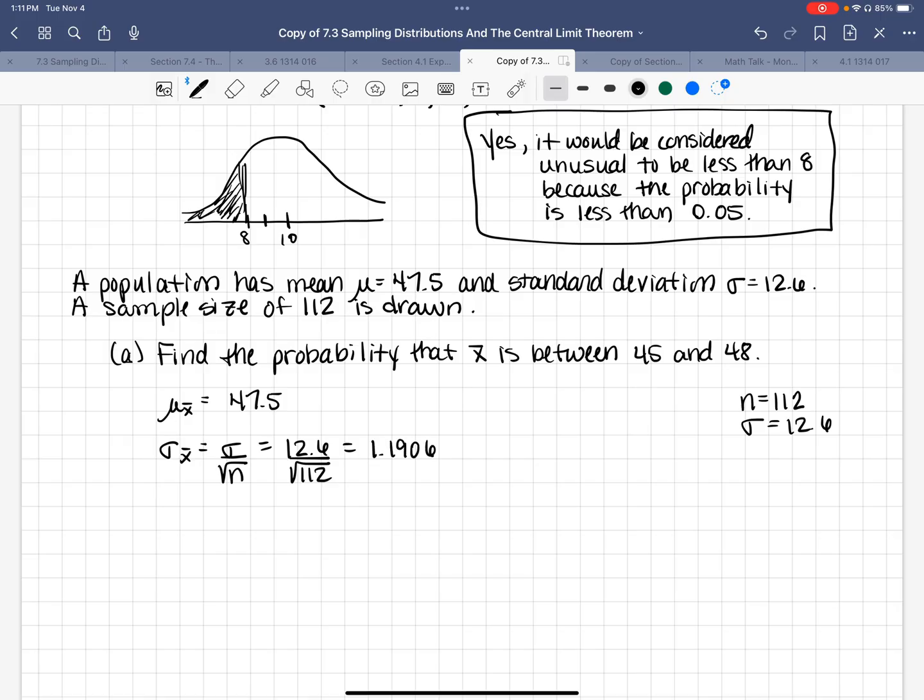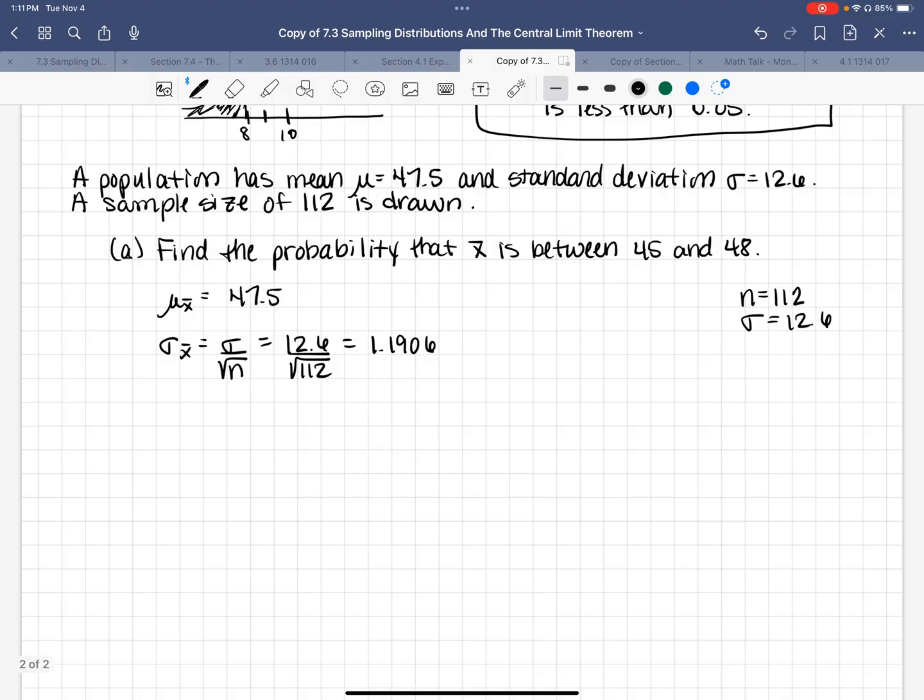Guys, you do have to calculate those too so that now we can use our normal CDF function. And like I said, we can use that normal CDF function because we do have a sample size that is over 30.